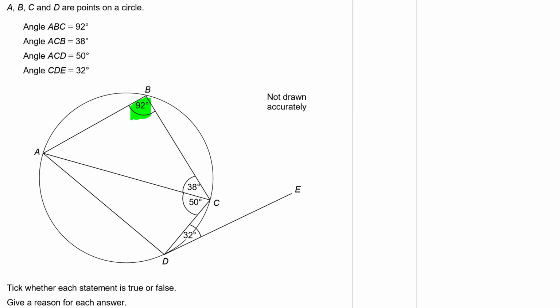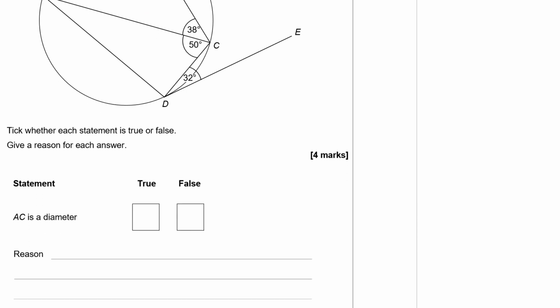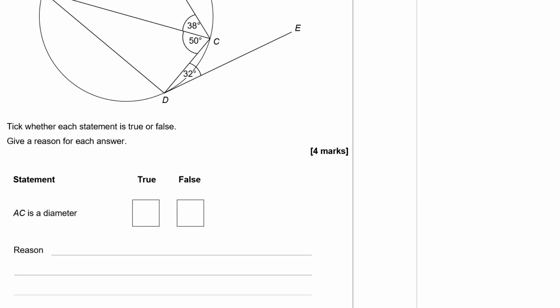So this one here would be an angle subtended within a semicircle, and it would be a right angle, and it isn't because it's 92 degrees. So AC cannot be a diameter, otherwise that angle would be 90. So I'm going to tick false. False. Angle B is not 90 degrees.